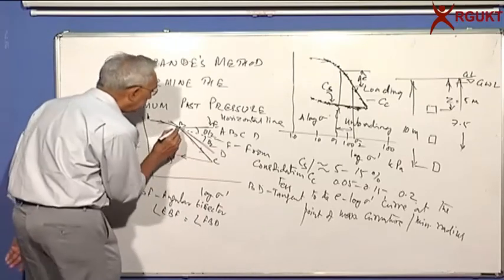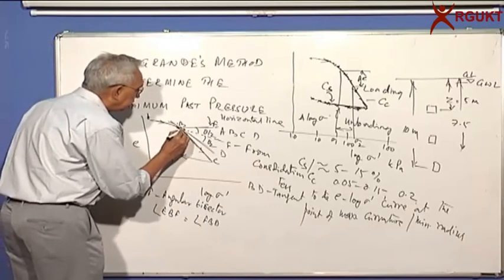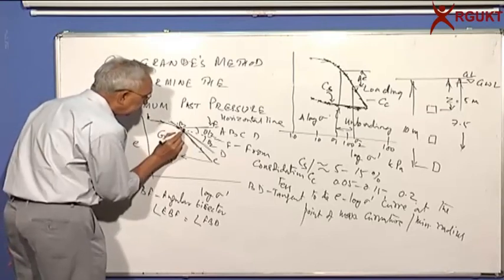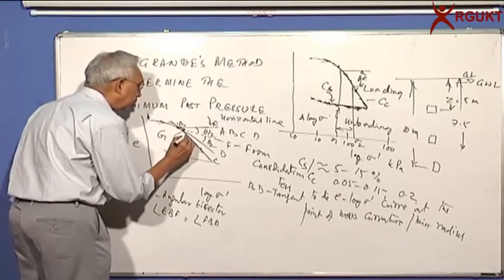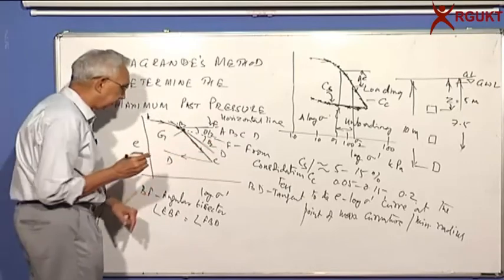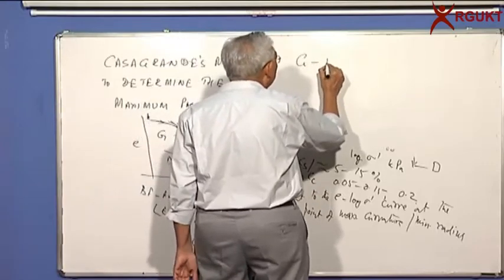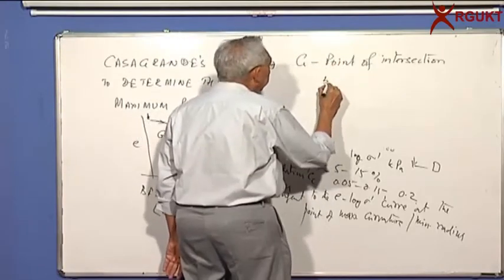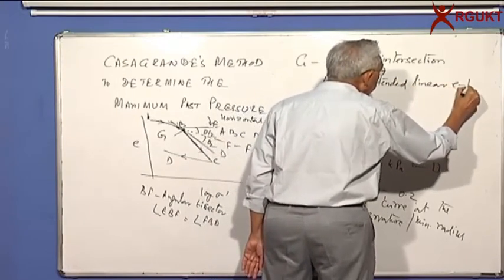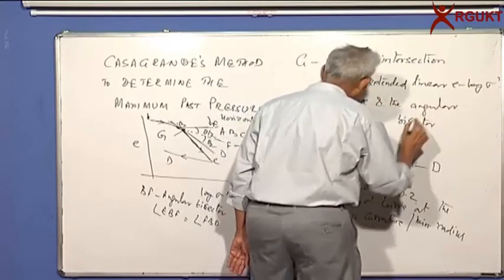The angle between BE and BD is divided equally by simple geometric construction. Now we extend the straight line portion back and see where it intersects the angular bisector at a point G. So G is the point of intersection between the extended linear e-log sigma curve and the angular bisector.